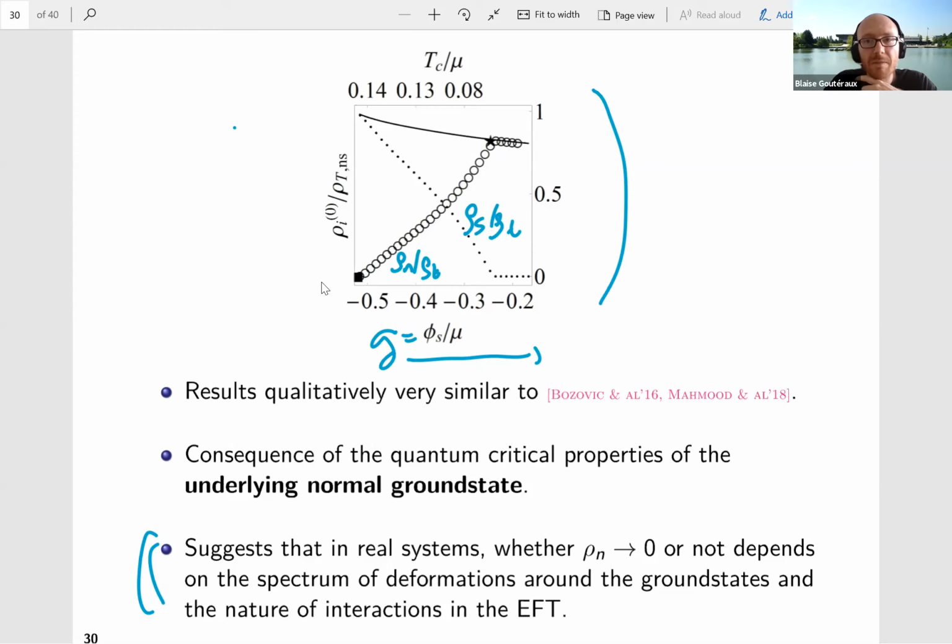But let me stress that, as you were saying, these guys work in the limit where T is much less than omega and Q, which are much less than mu. But we work in a different limit, where omega and Q are much less than T, which is much less than mu. So all of these dangerous modes are pretty far away, because temperature is finite, we don't take it to 0.